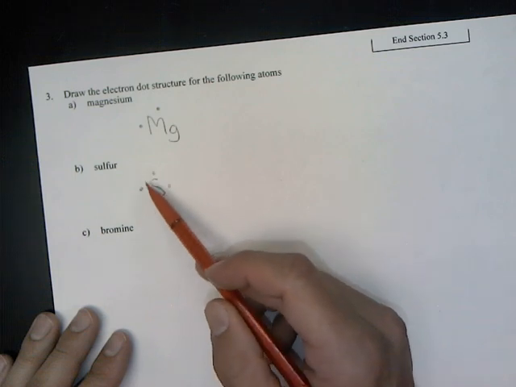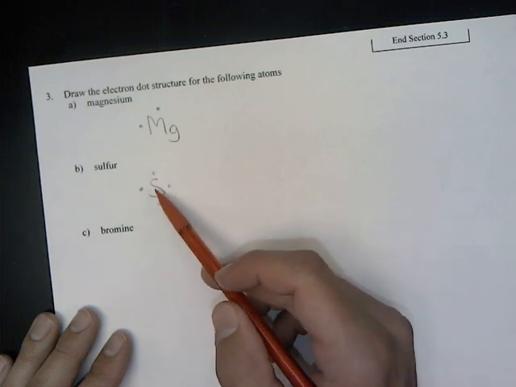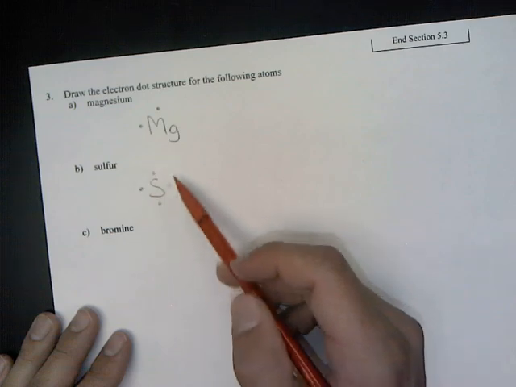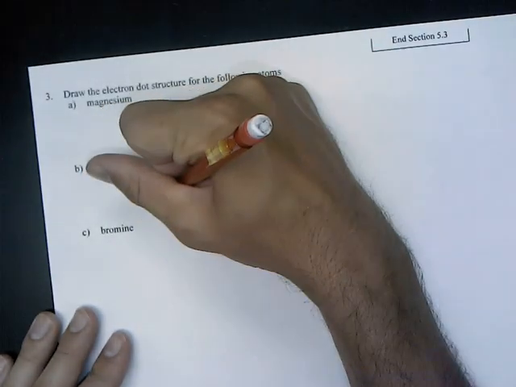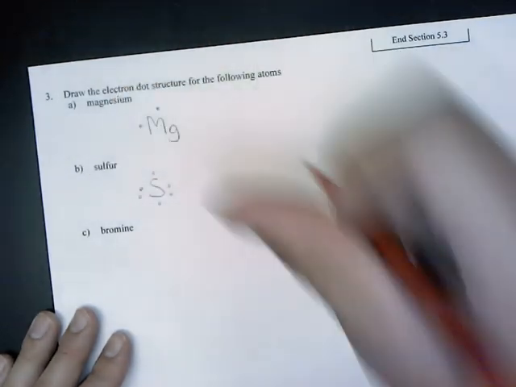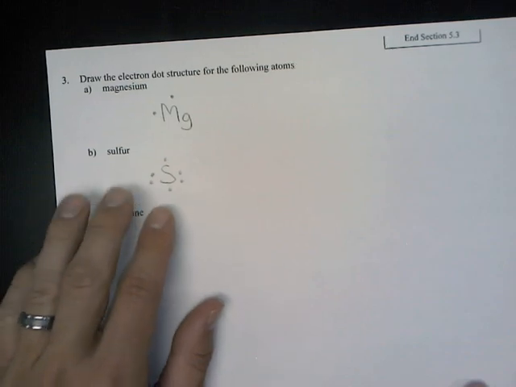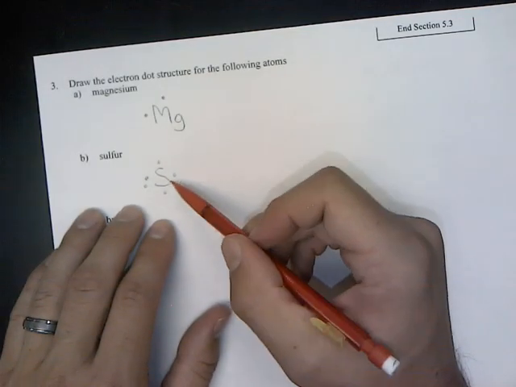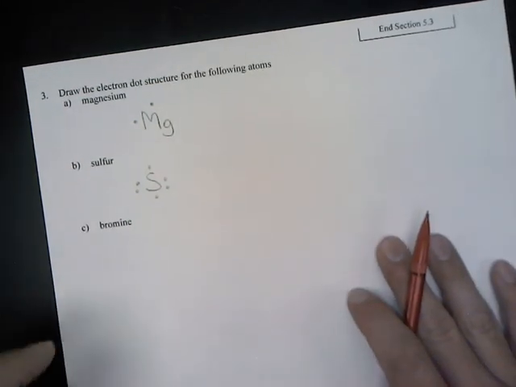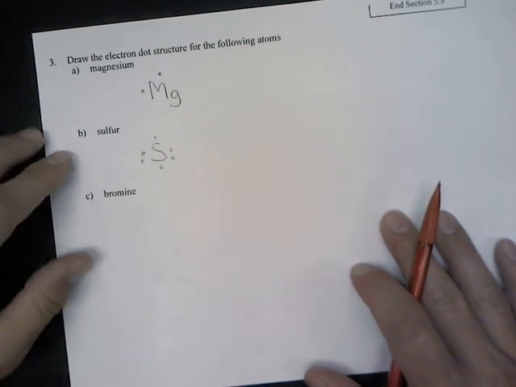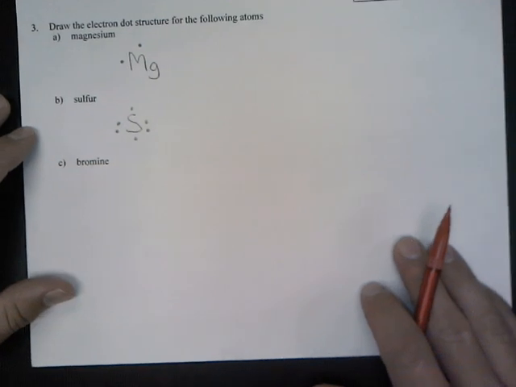So right here, we have 4 electrons out of our 6 used. Once each side has dots, you can go back and add doubles. It does not matter what side gets doubles, as long as each side has 1, then you can put doubles anywhere you'd like. But again, no more than 2 electrons on each side.